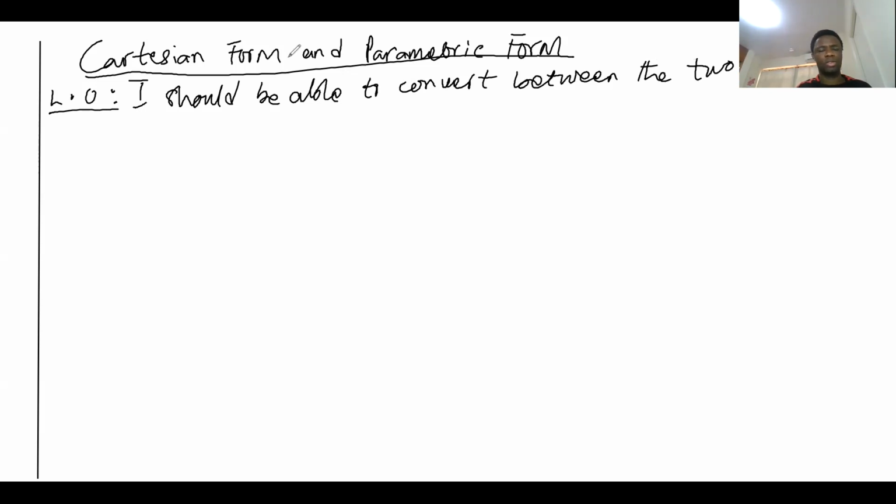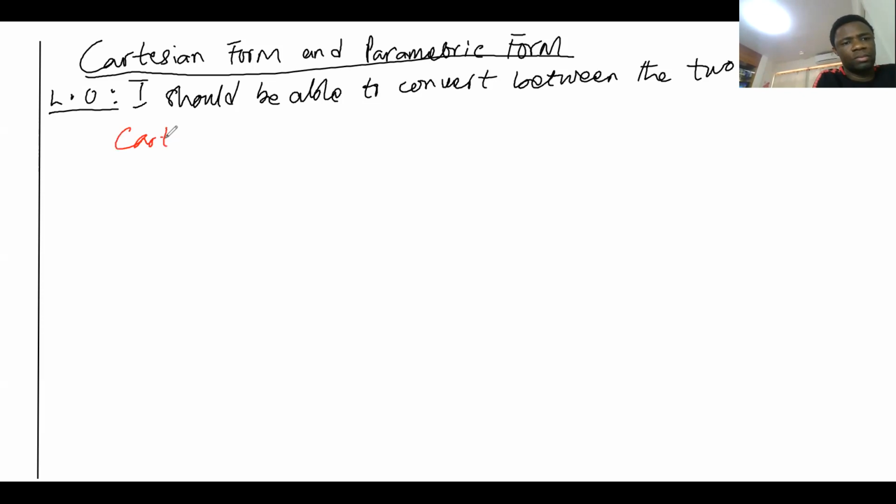The simplest way to put it is that Cartesian form does not involve the parameter, while parametric form involves the parameter. So let's state the difference between the two.